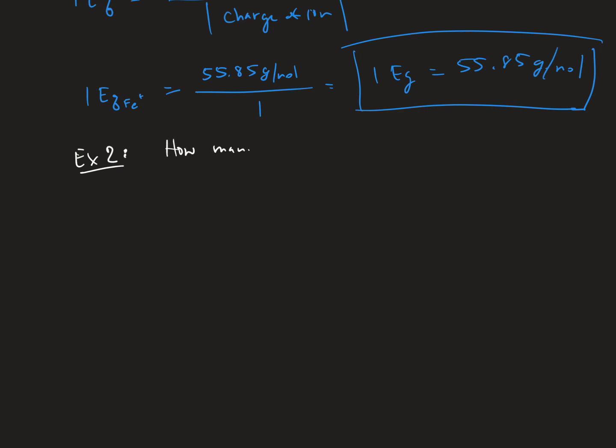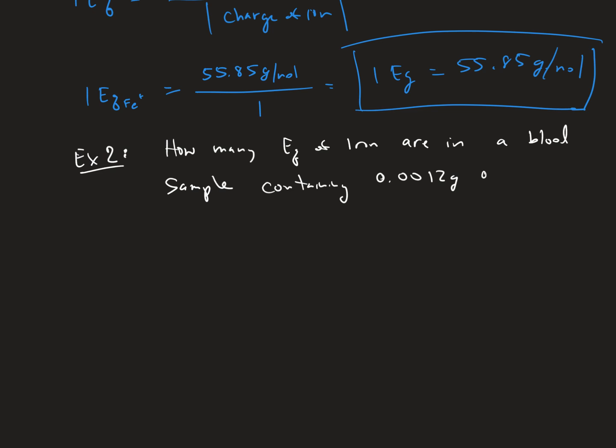How many equivalents of iron are in a blood sample containing 0.0012 grams of iron, and we have 50 milliliters of blood?